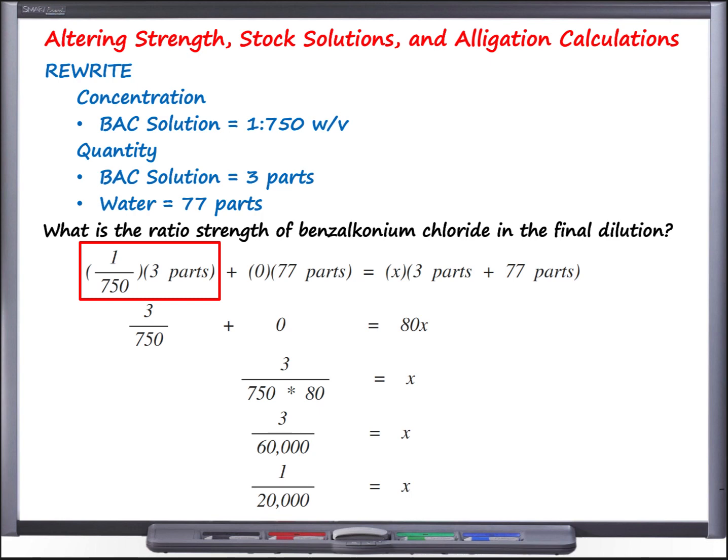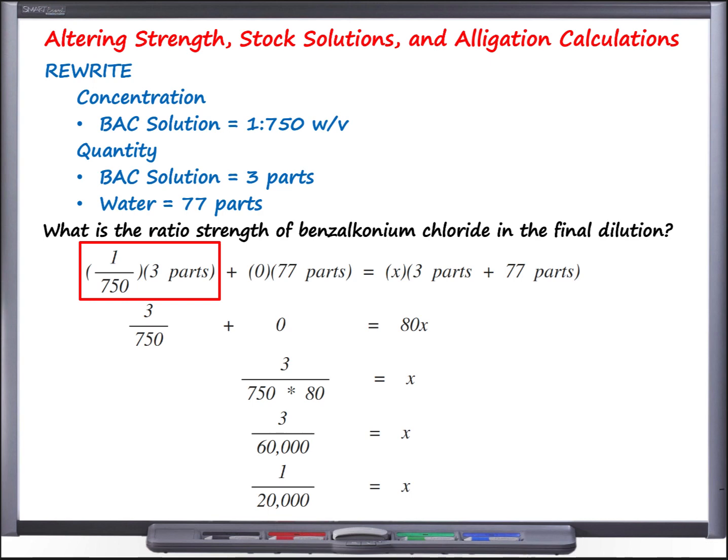And I'm going to convert here from quantity to volume, since we are talking about liquids in this question, therefore the quantity will be the volume. What volume will we be using of our initial benzalkonium chloride solution? We will be using 3 parts. And I know students don't like this because you want it in milliliters, you want it more specific, but we don't know that.